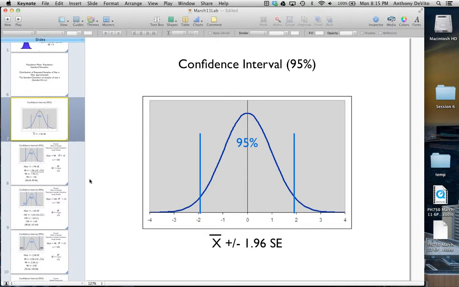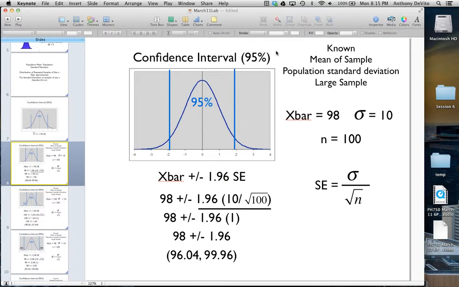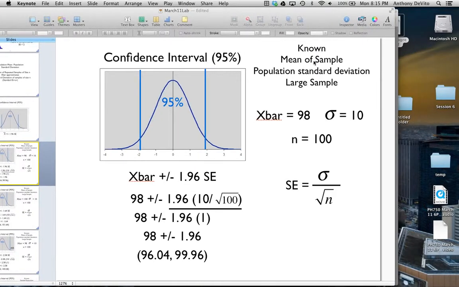So let's take this example. In this example, we know that the mean of the sample is equal to 98. We know that the population standard deviation is equal to 10.